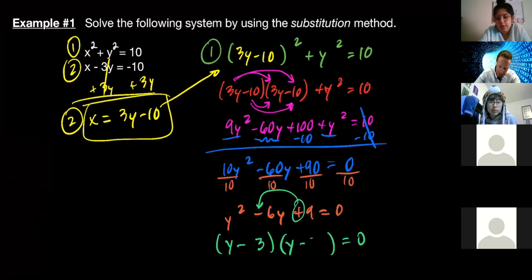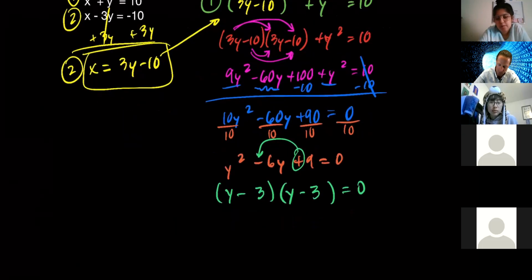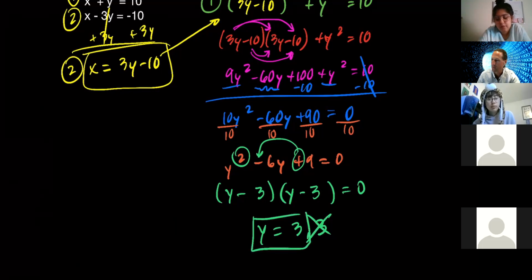And I know 3 times 3 multiplies to positive 9 and combines when I add them to negative 6. Which gives me actually only one answer for y. Even though it looked like it was going to be 2, it happens to be the same. And am I going to write it twice? No, that's silly. So that's the good news, is I found my 1y.